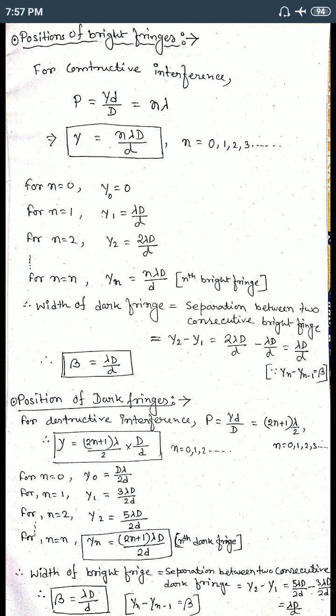The value of wavelength can be calculated by lambda equals beta small d by capital D. It is clear that both bright and dark fringes are of equal width. Clear? Okay.